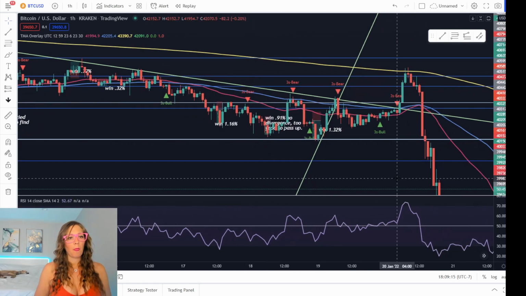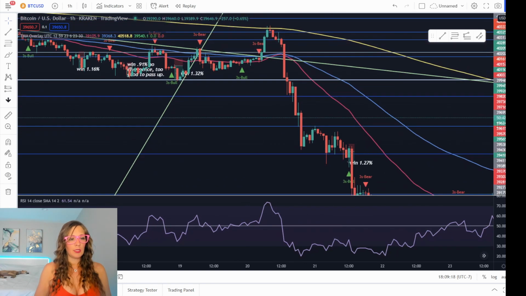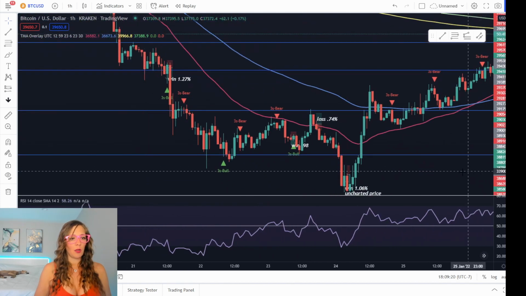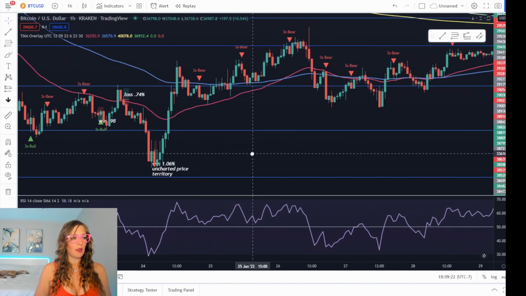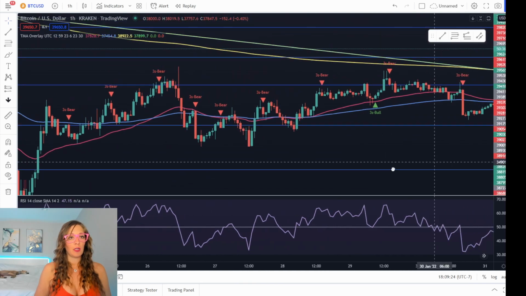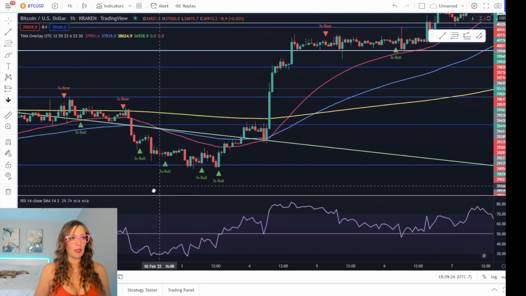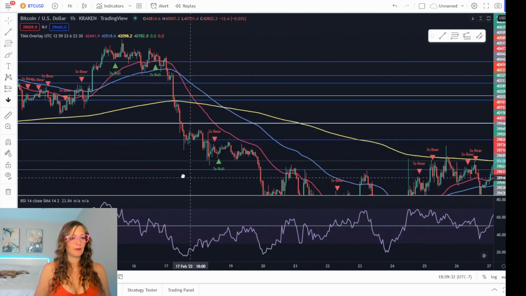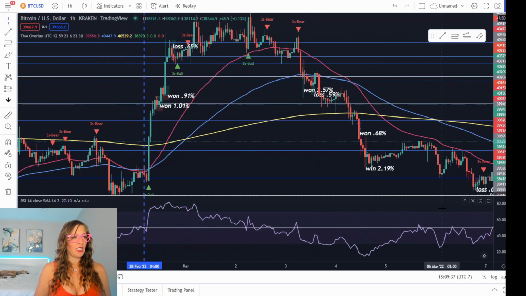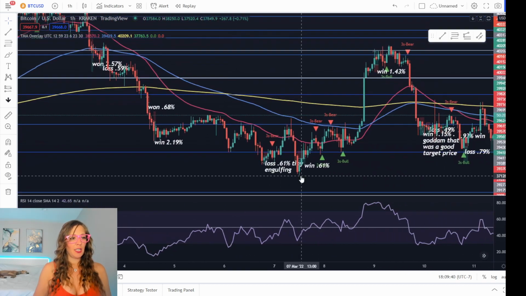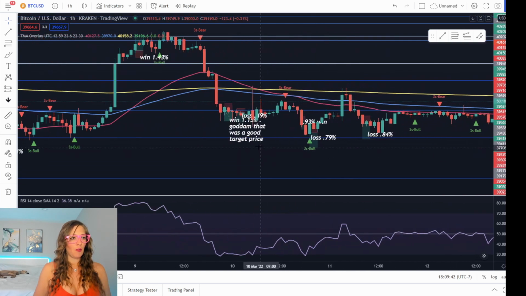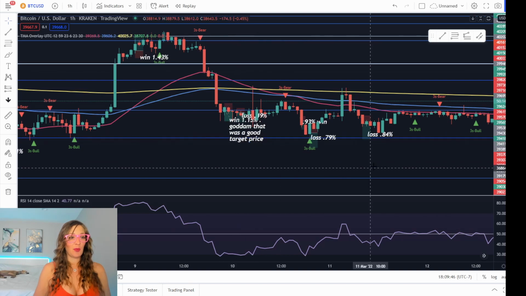So if I had actually only set trades to happen during when I was awake, then the win percentage, I believe, would be a lot higher than it ended up being. I also made a lot of little notes here and there on why I won or why I lost. That was a good target price.